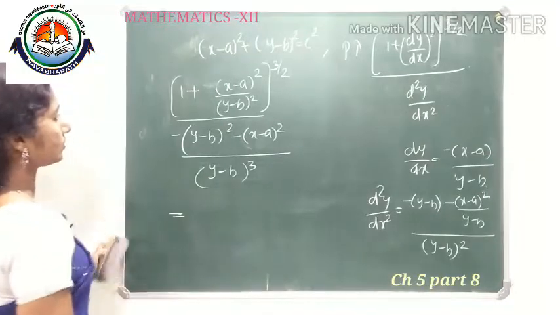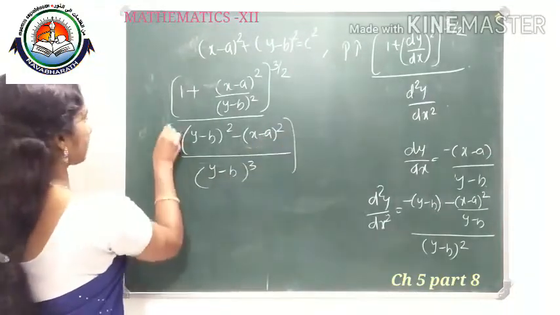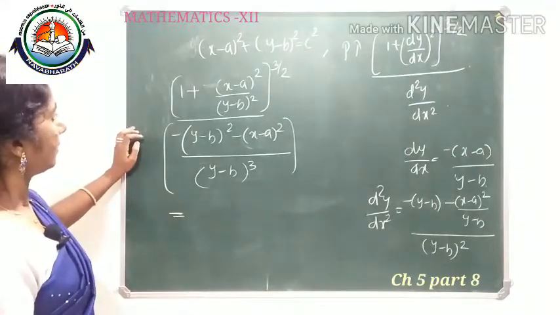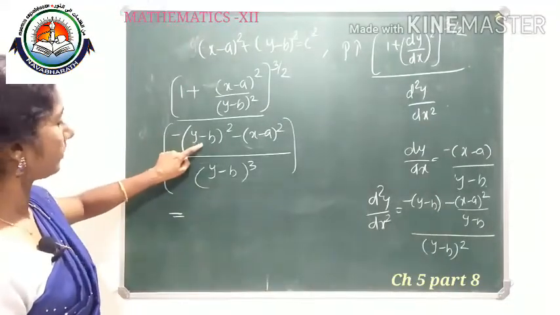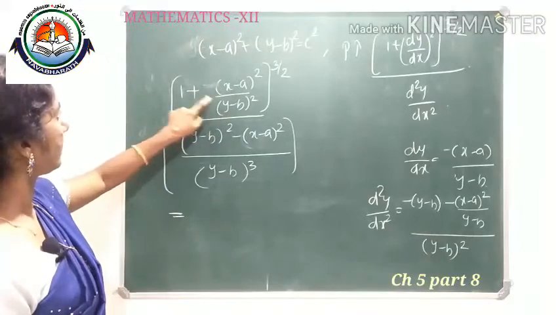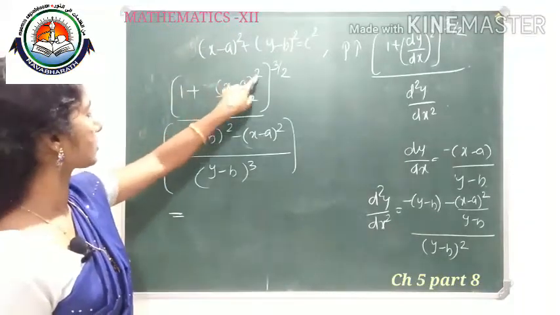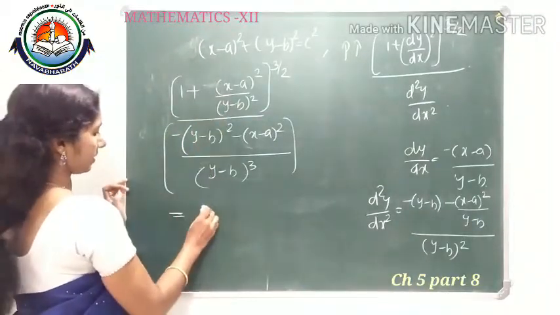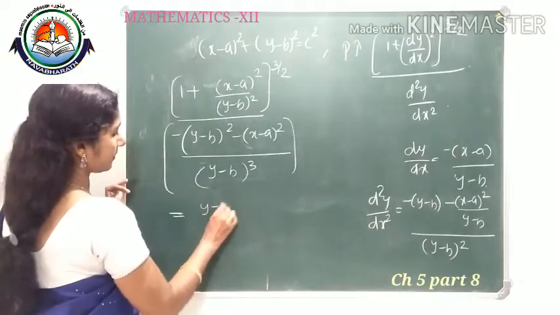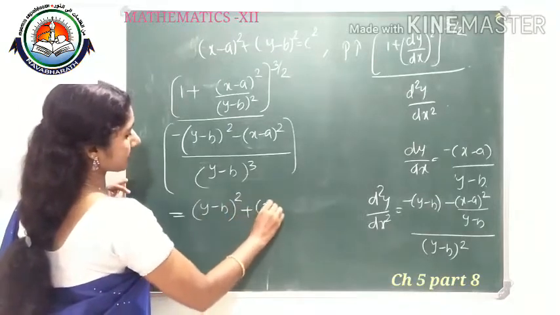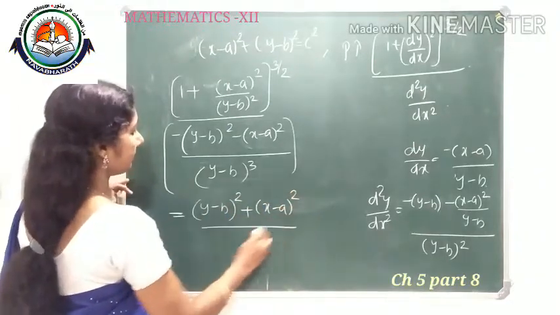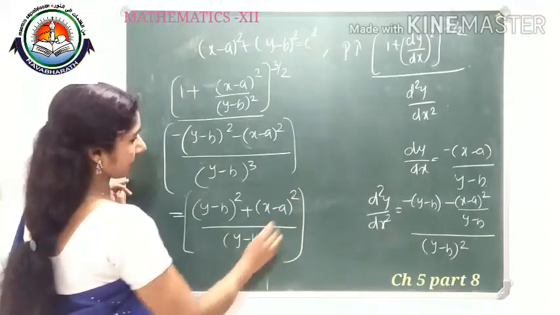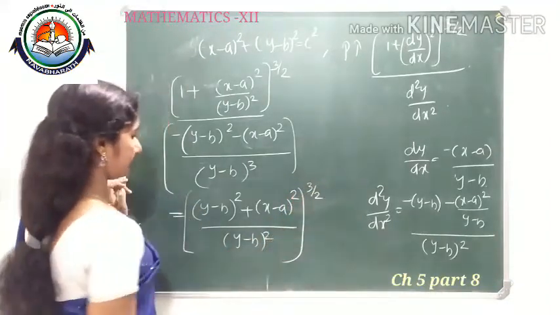So, this is equal to, on the numerator, we are getting (y minus b) whole square plus (x minus a) whole square by (y minus b) whole square, raised to 3 by 2.